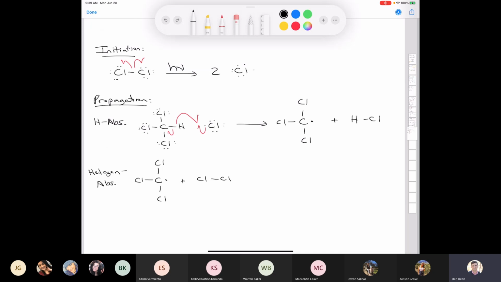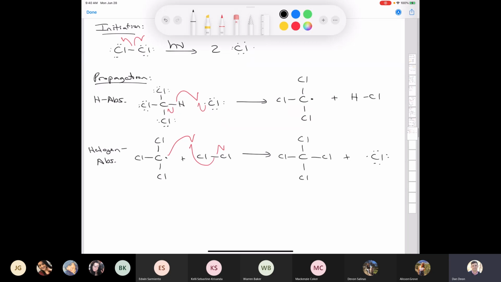So let's draw the curved arrows for our halogen abstraction. Oops, I'm going to use a red arrow here like that. So we end up forming a chlorine radical plus carbon tetrachloride. So now we have CCl4 plus the chlorine radical.